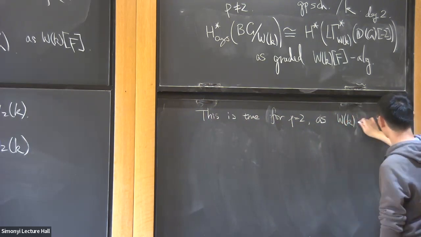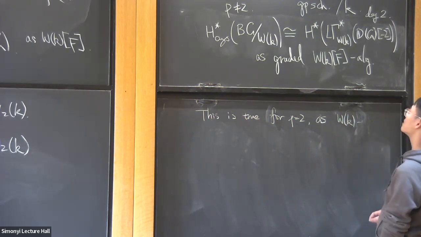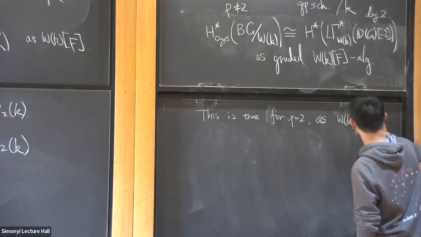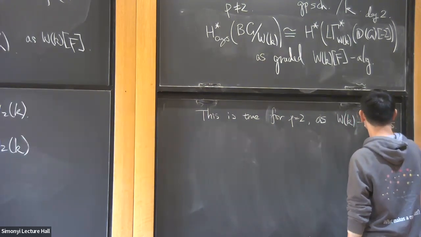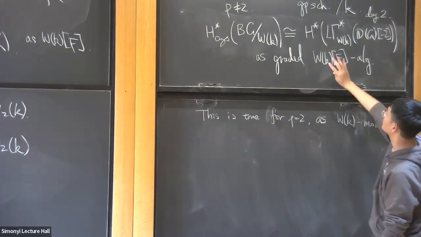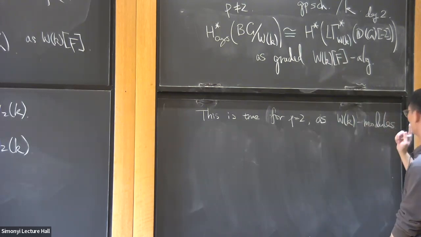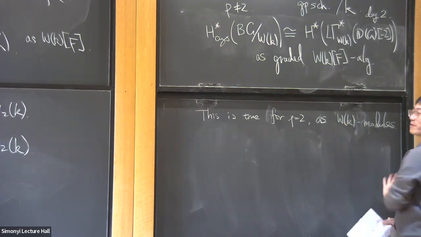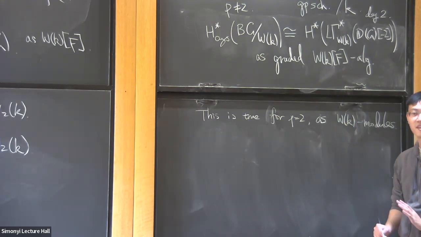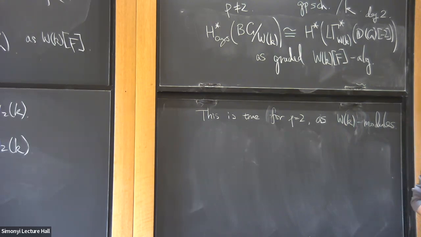So graded WK modules. I don't think we have a counterexample. We expect this statement to be true if you include Frobenius action as well, right? But not as an algebra.